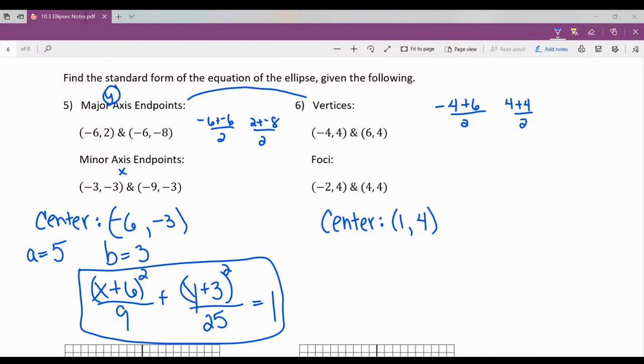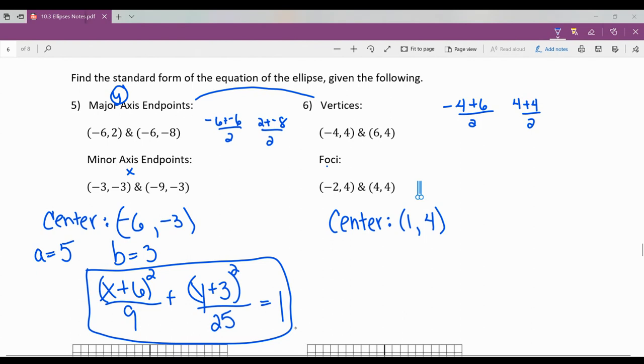And my foci is C, remember? The foci is C. So my vertices lie on my major, and my major is going to be the x's or y's. I look to see in my coordinates what's changing, and it's the x's that are changing, so my major is going to be the x's.